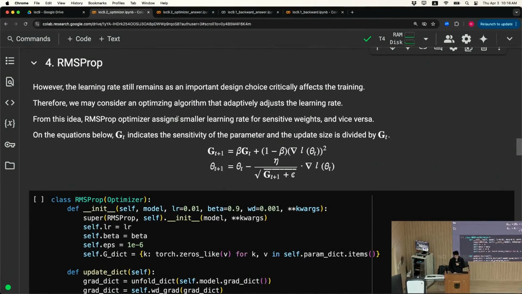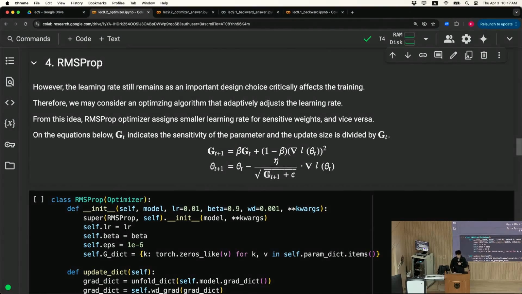So we want to assign smaller learning rates for the sensitive weights and large learning rates for insensitive weights. How do you define sensitivity mathematically? We're going to compute this G term, which is a weighted average of the previous value and the current gradient squared, to measure the size of the partial derivatives in the gradient.